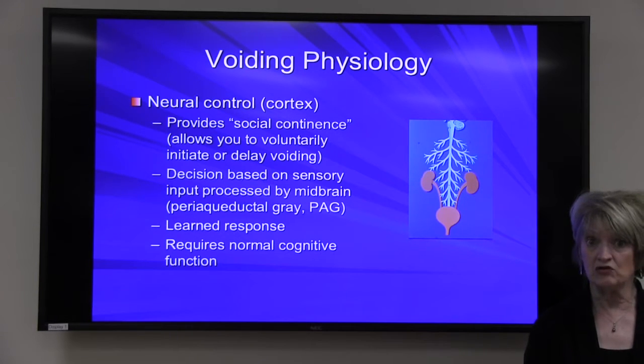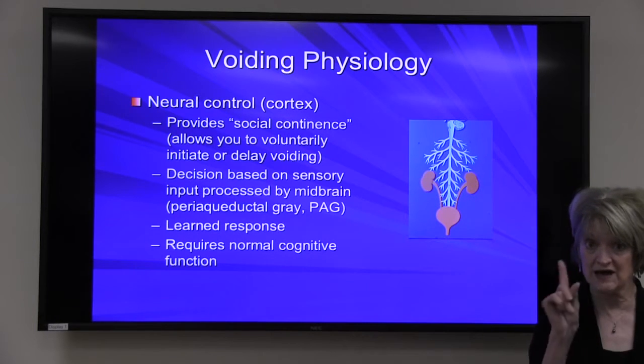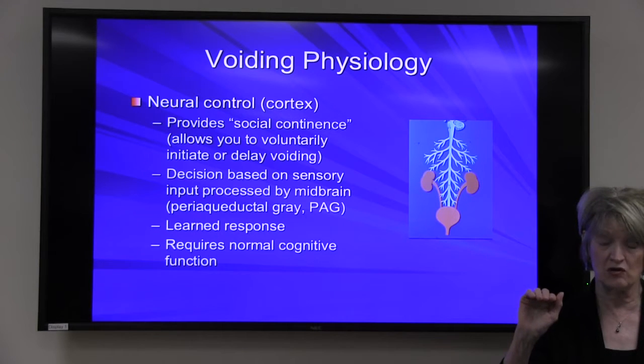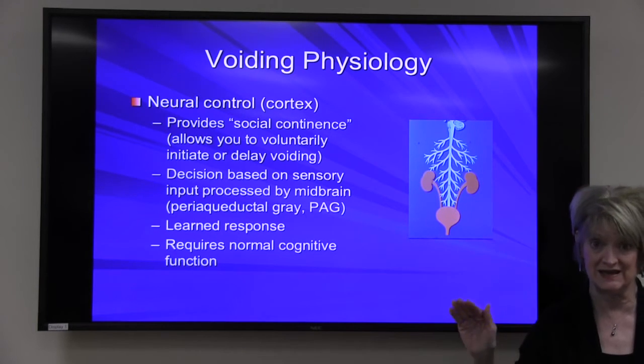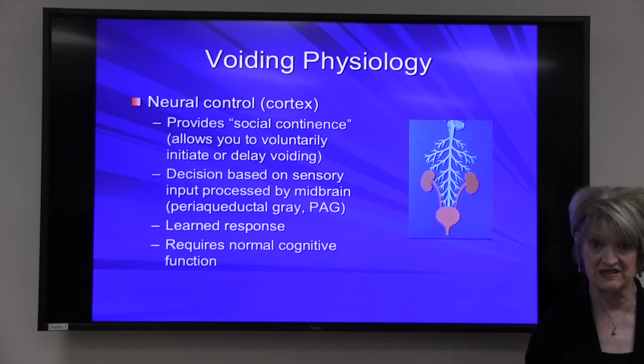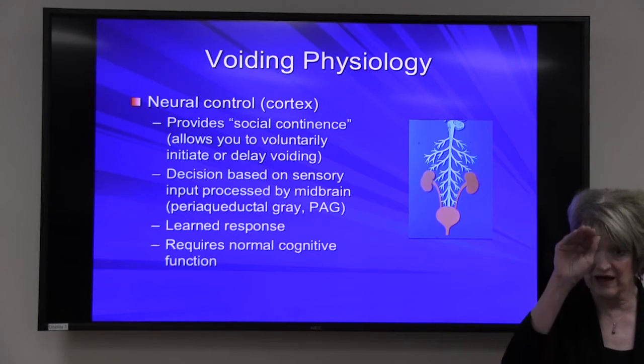When you think about neural control of voiding, you want to think about the cortex as being the highest level of control. Sometimes I compare the cortex to the CEO. Then you want to think of the midbrain as kind of the administrative assistant or the next level down.